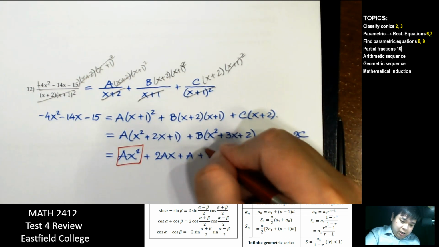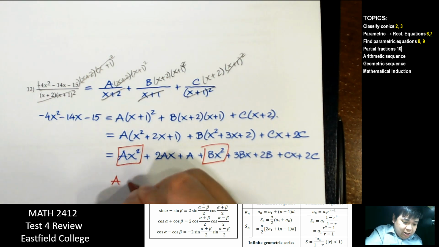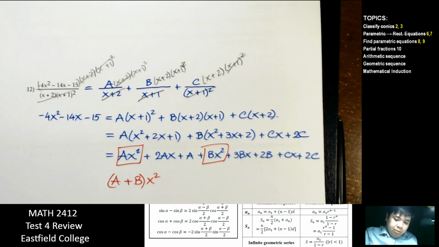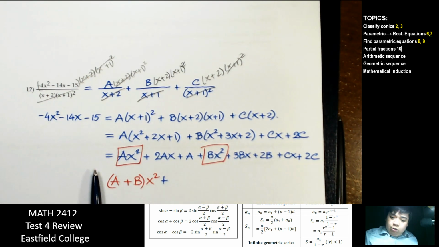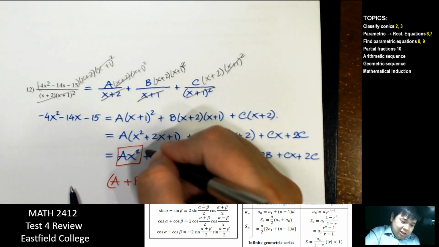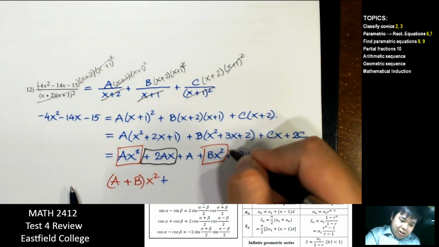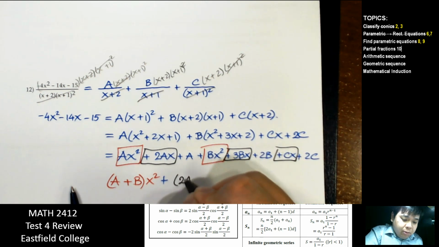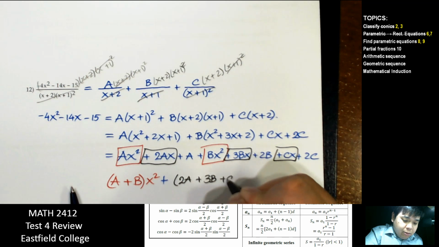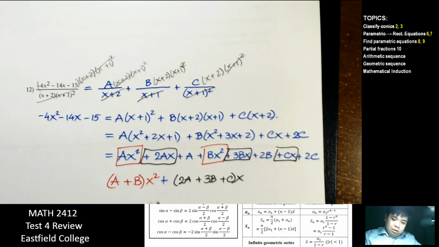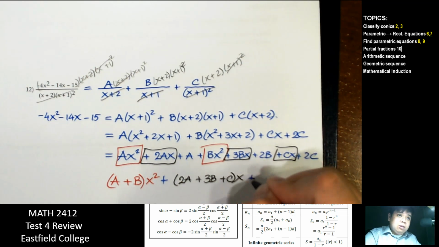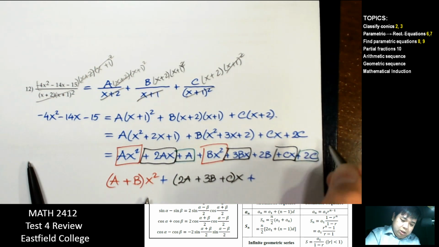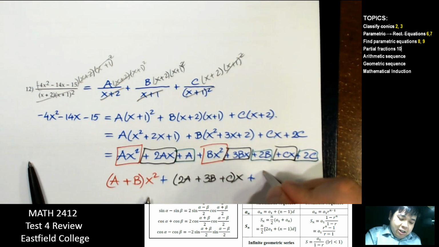This is a square. That is the square. For the x's, 2ax, 3bx, and cx. And then we have a and 2c and 2b, of course.